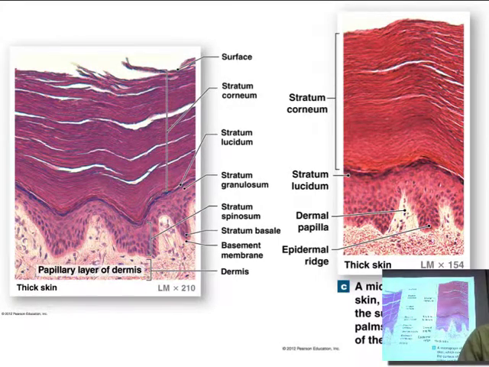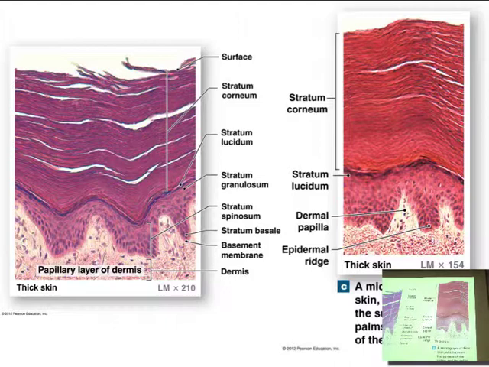Below the epidermis is the dermal layer, and that's what we see here. All of this is dermis. This top layer of dermis is the papillary layer of the dermis, and then below that is the reticular layer of the dermis. Okay?